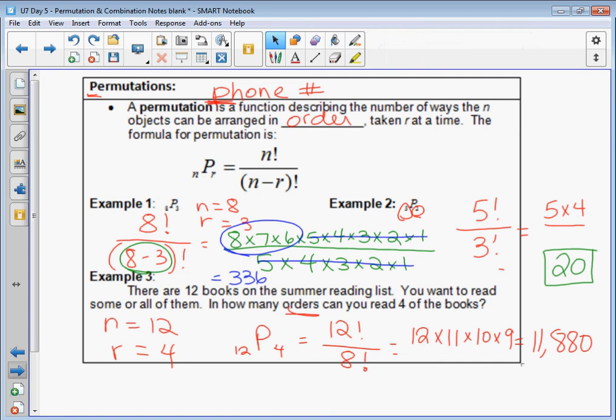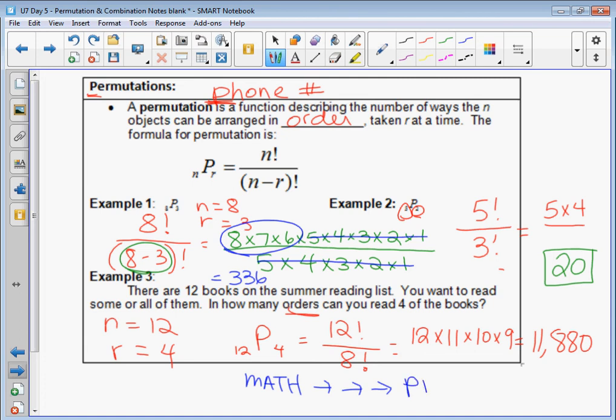Now we can do this in the calculator too. I don't have a calculator on my screen here, but if you find your math button, which is underneath your alpha button on the left-hand side, scroll over or hit your right arrow 3 times to get to PRB, which stands for probability.